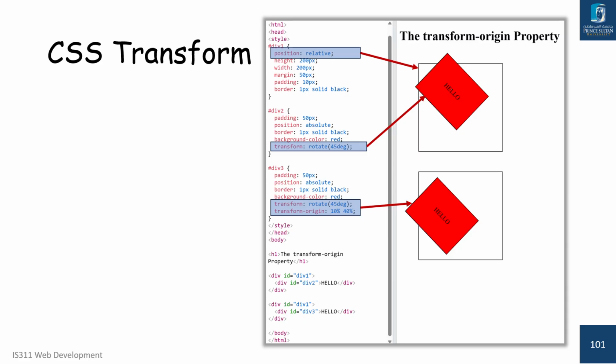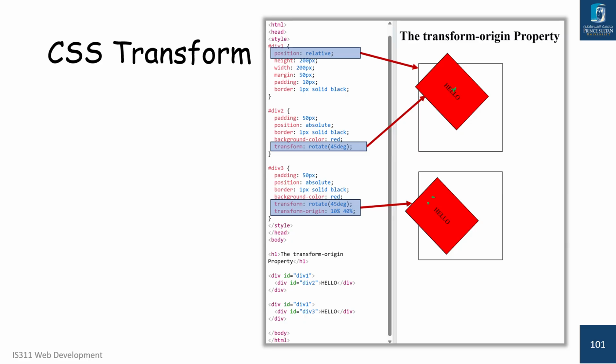By default it is right in the center, somewhere here. But when I say 10% for the first one, which is the x-axis, rather than 50%, it is somewhere here. And then we say 40%, which moves it to somewhere here in the vertical direction. So the origin where it is rotating is changing.